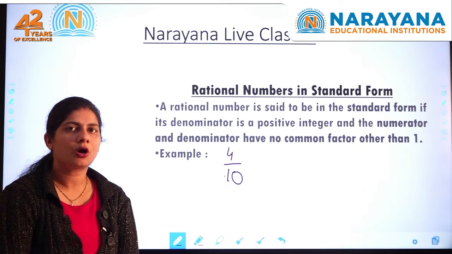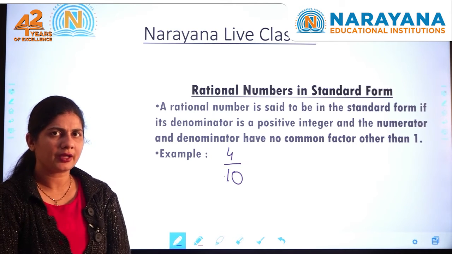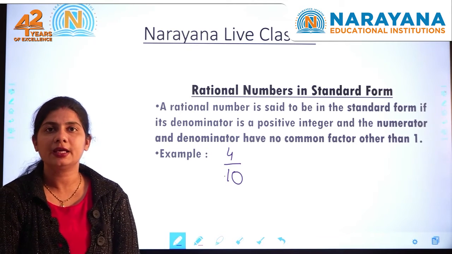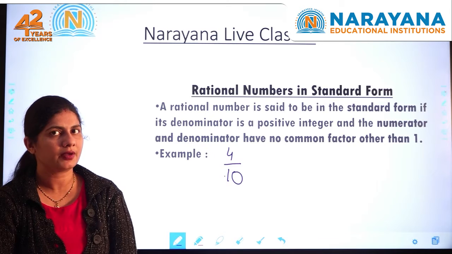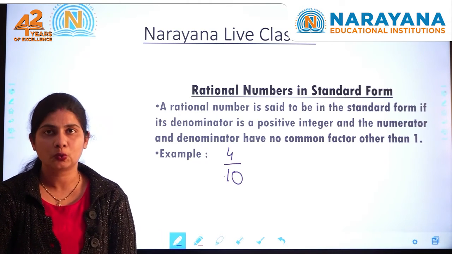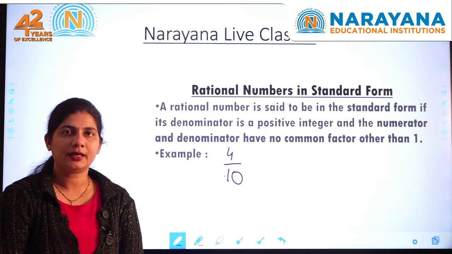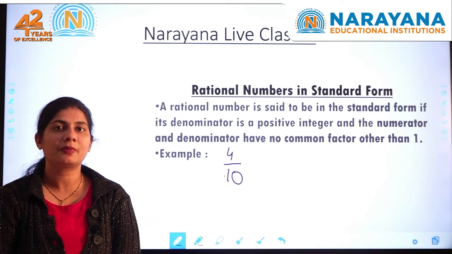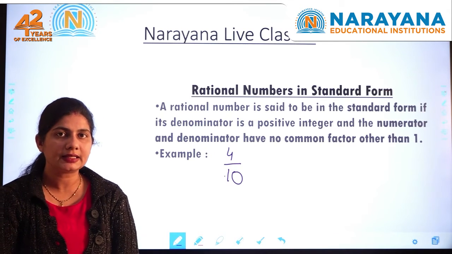So, what is the common factor? We have something common. 4 is an even number and 10 is also an even number. Both are divisible by 2. So, the common factor between 4 and 10 is 2.